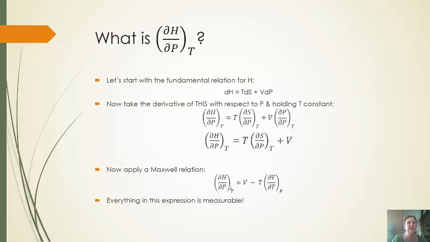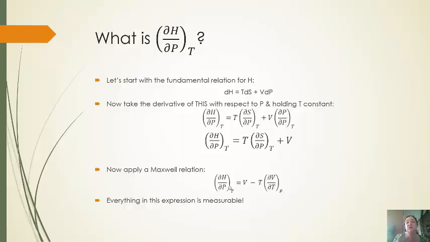But what about that dH/dP at constant temperature? Well, let's go back to the fundamental relation for H. When in doubt, we always go back to the fundamental relations. So, H has the differential dH equals TdS plus VdP.